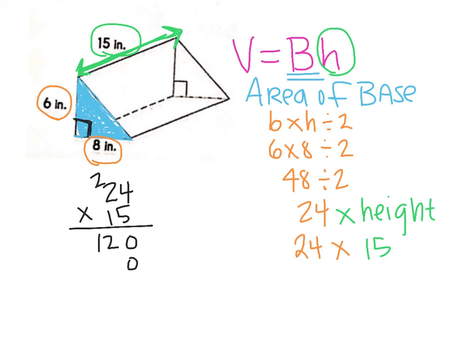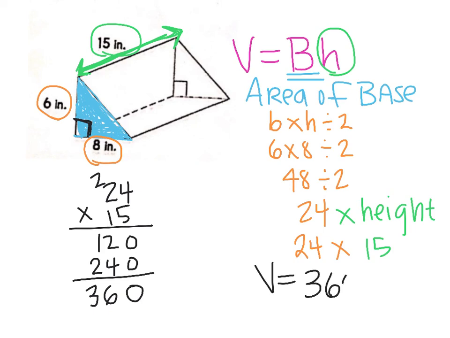Make sure before you start with that next digit, the 1, you put in your placeholder 0. Once you've multiplied, we're going to add those together. And my final answer is 360. So the volume of the triangular prism is 360.